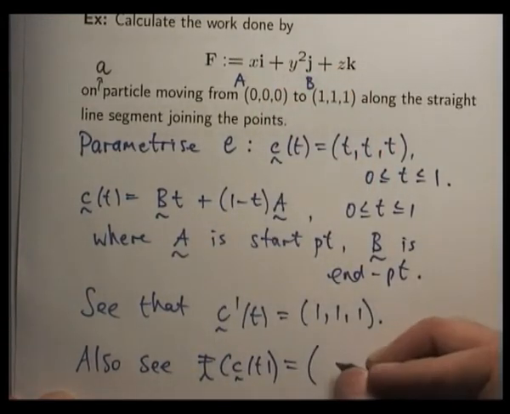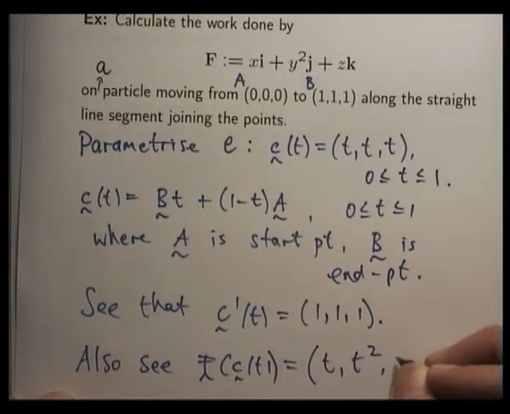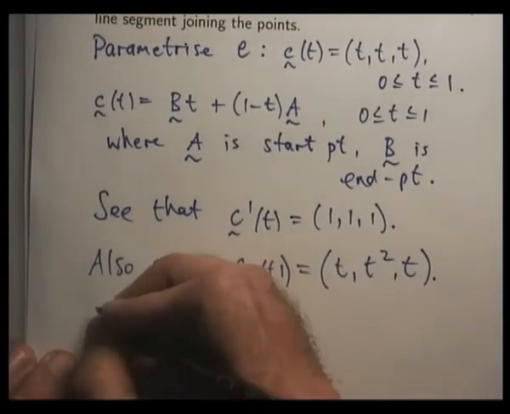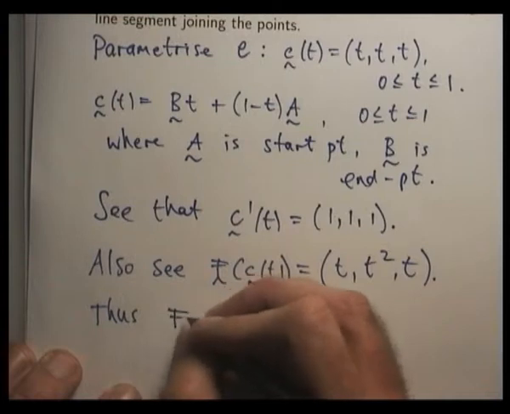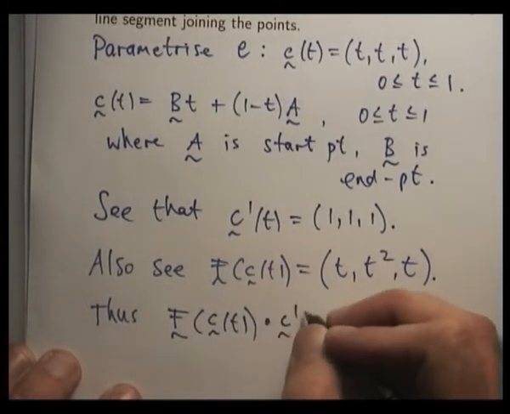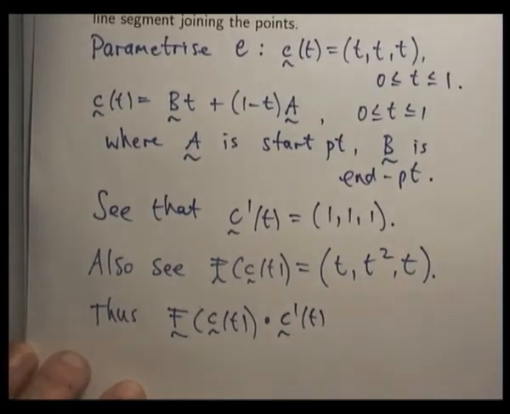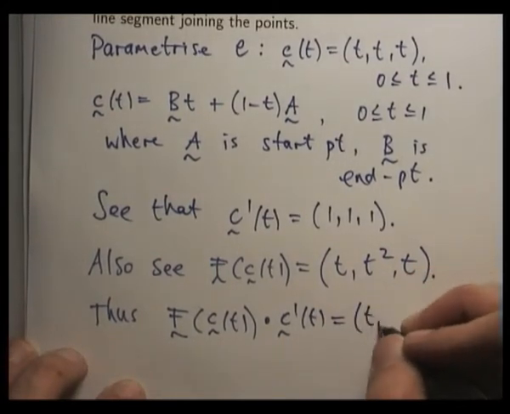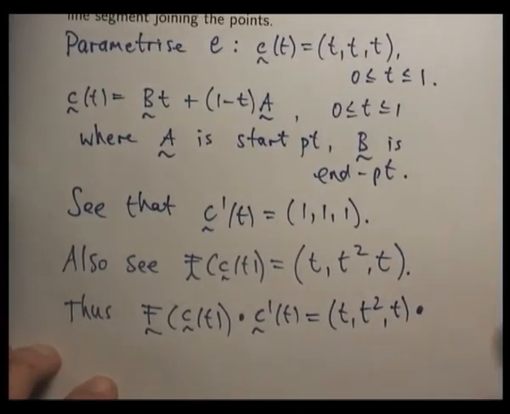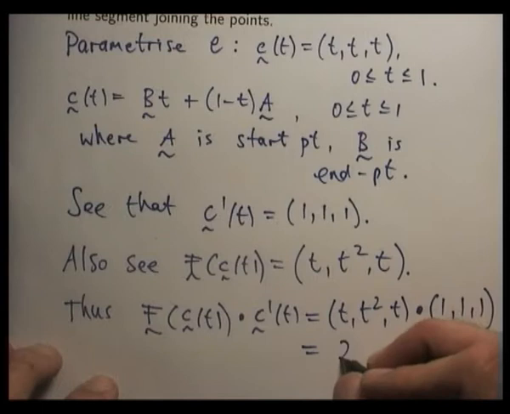So it's going to be something like t squared, t. So the dot product of F along C with C dash is just (t squared, t) dotted with (1, 1, 1). So we're going to get something like 2t plus t squared there.